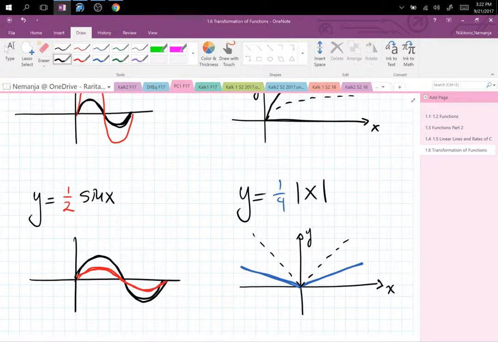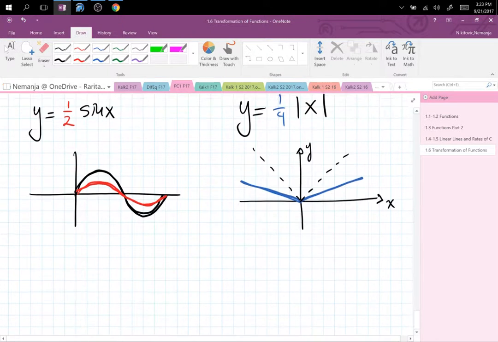So we only talk about positive numbers making these graphs vertically stretch or vertically shrink. And if you have a negative in front, it will flip it on the x-axis. So it's actually a combination of 2 transformations if you have the negative over there.